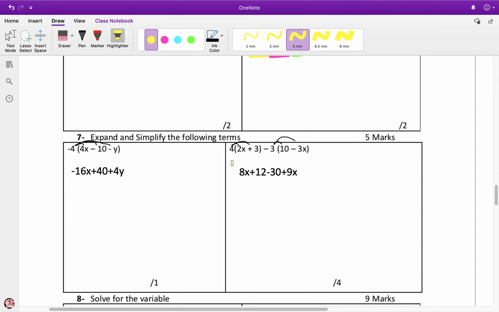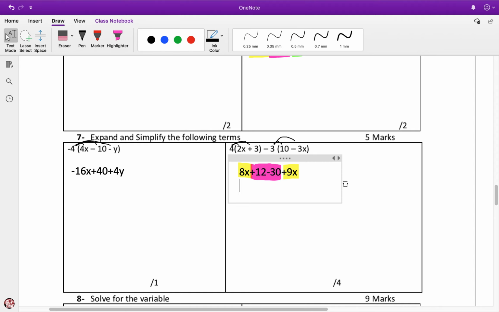So I have my x's and I have my non-x's. You have to make sure you get those signs in with it. So my next one here is, I'll rewrite it, 8x plus 9x plus 12 minus 30. So that's going to equal 17x minus 18.